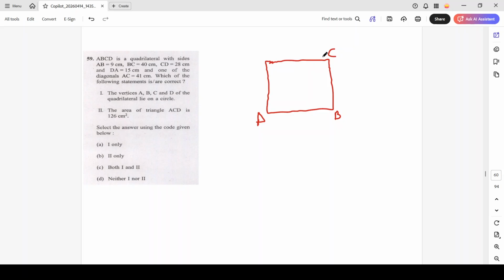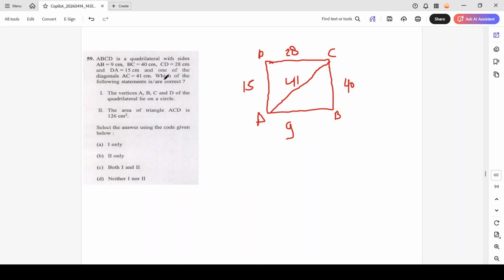Okay, what is side AB? 9. What is side BC? 40, sorry. CD 28 and DA 15. And what we have been given, AC is equal to 41 centimeter. Okay, these things are given to us.